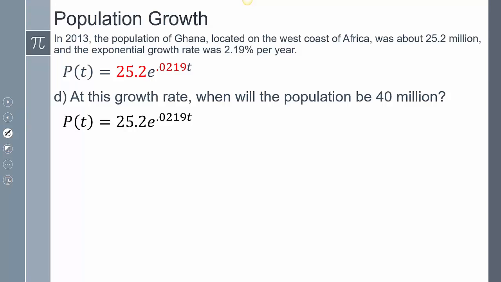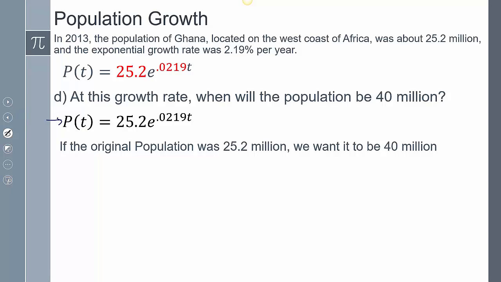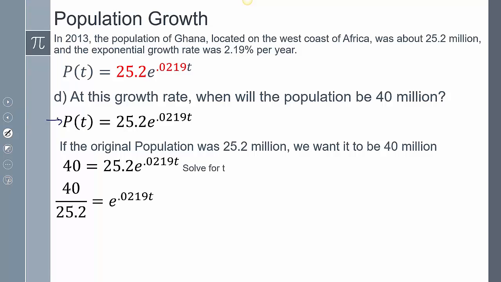Now part D says at this growth rate, when will the population be 40 million? So basically it's just saying plug in 40 million for my P of t. So I do the same thing. Get e by itself by dividing both sides by 25.2. Now instead of simplifying this, because I want it to be an exact value, I'm just going to leave it like that. Then to get rid of this e here, I want to take the ln of both sides because the ln and the e will cancel out.